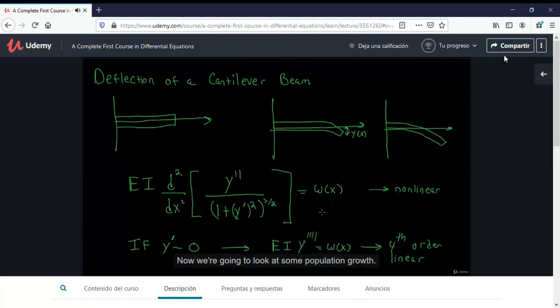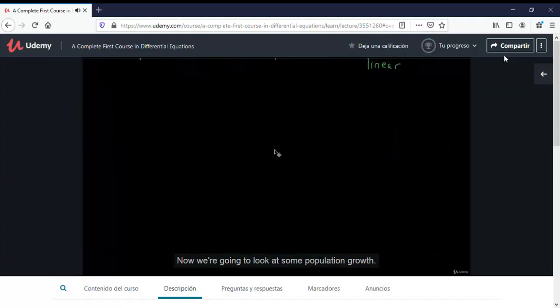Now we're going to look at some population growth. So this one's very simple.